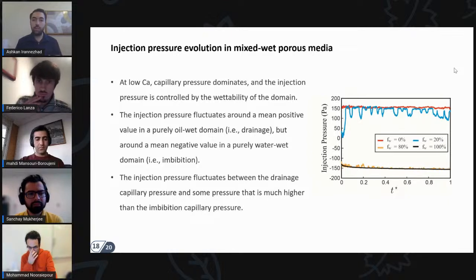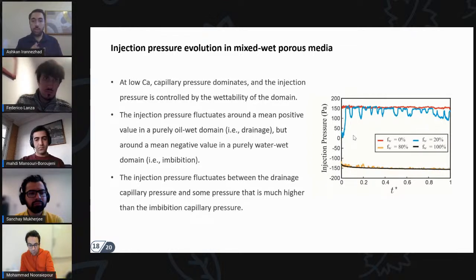So whenever the water oil interface is located at oil wet regions, we observe that the injection pressure actually increases to 150, which is more or less similar to the capillary entry pressure at drainage system. But whenever water enters the water wet clusters, the injection pressure drops as we expected.